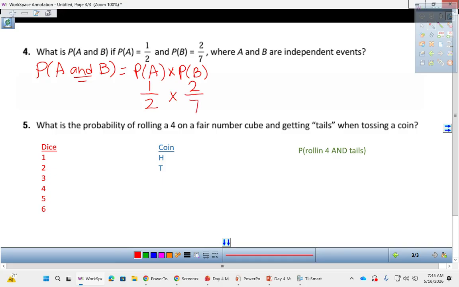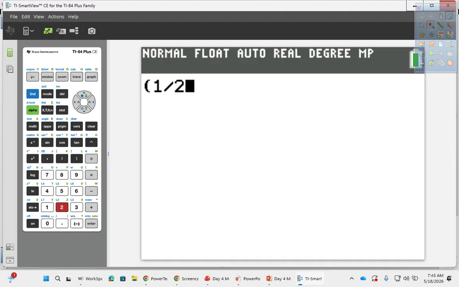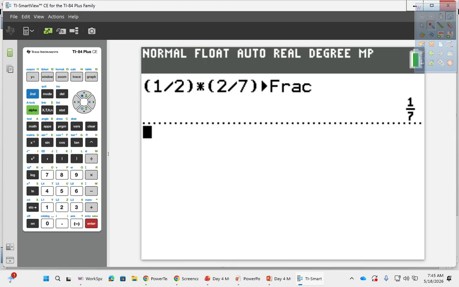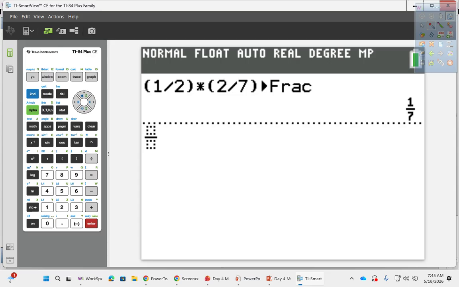You can do that in your calculator a few ways. You can use parentheses around your fractions. But some of your calculators have this feature where if you hit the green button, alpha, and then y equals, you can make a fraction itself, and then you don't have to use math brackets.